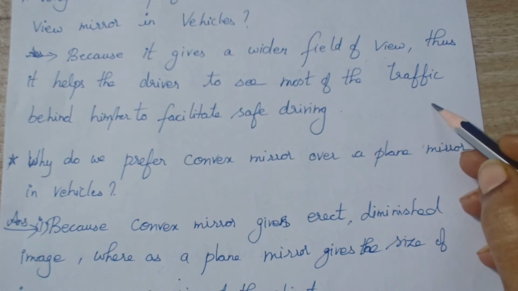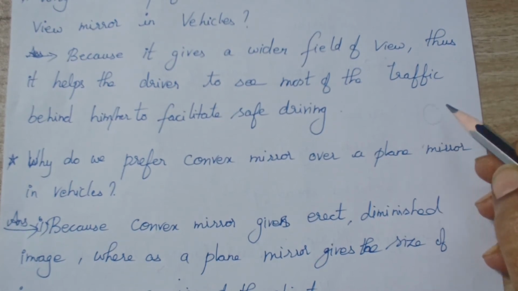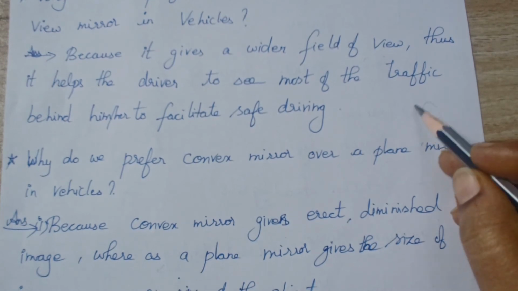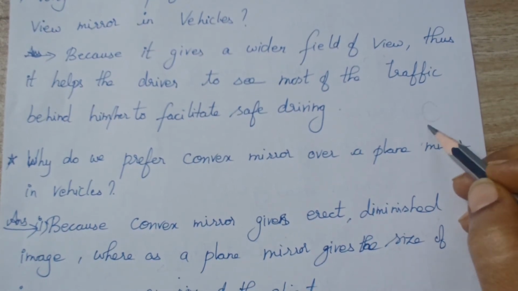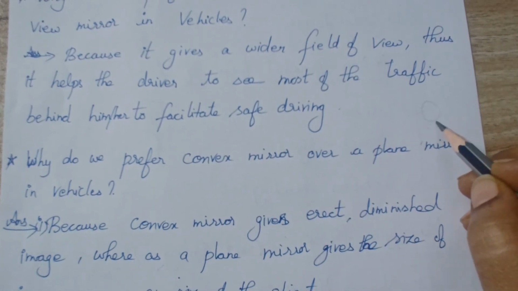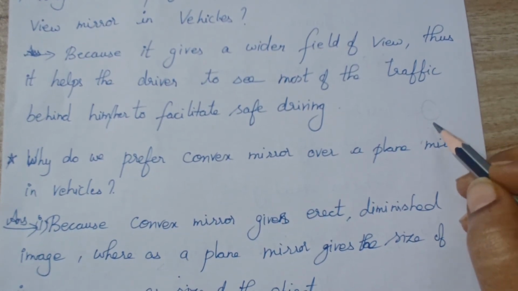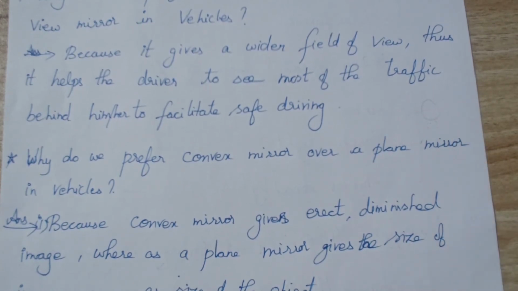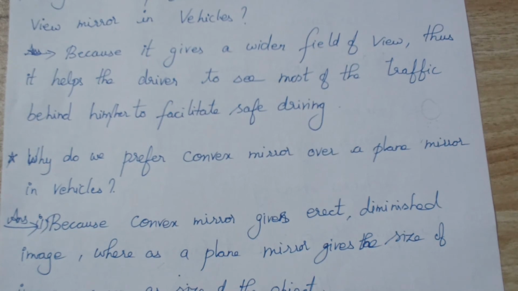For example, only the headlight of the vehicle will be viewed in the rear mirror. You don't know whether it is a car or a truck or even a bike. Unless you get the full image of the object, you will not find which vehicle is coming behind you, right?